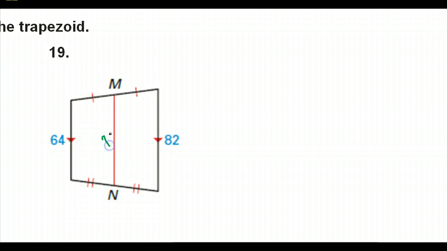Okay, let's move on to number 19. Same exact thing. I'm going to let X be my mid segment again. So again, the mid segment should be the average of the two bases. The parallel lines are always the bases. So I'm doing 64 plus 82 divided by 2.